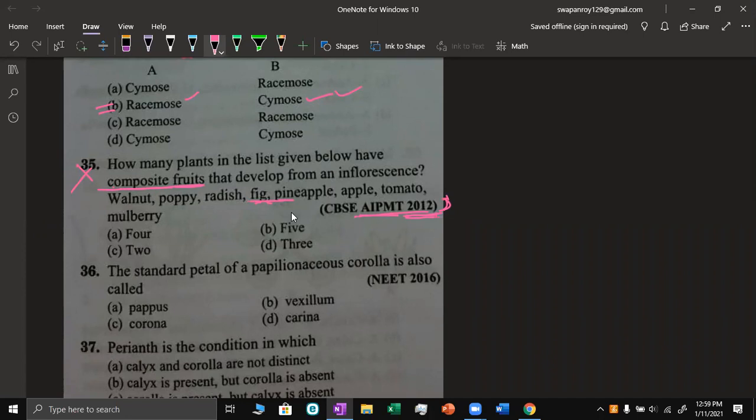Those marks on the body of the pineapple are actually the flowers, and all the flowers are fused together.